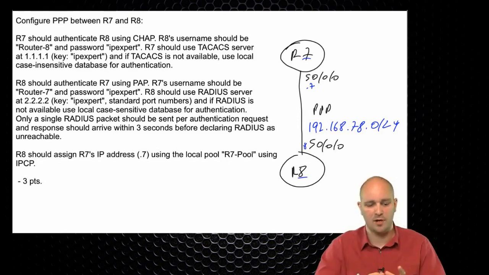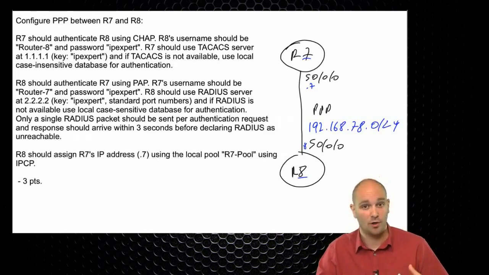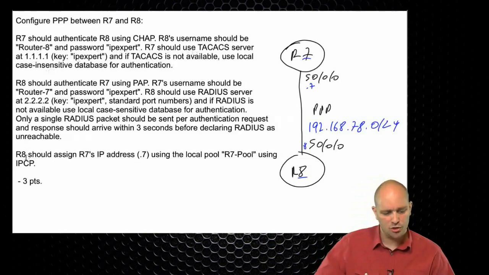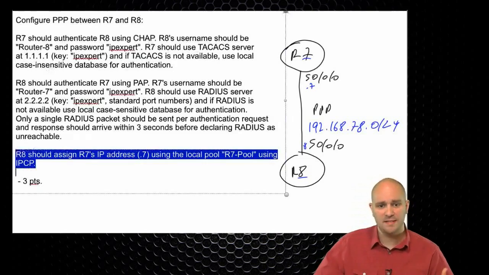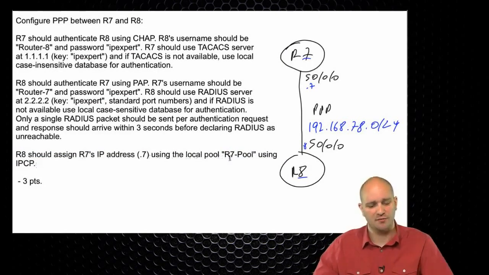So now I have an operational PPP link. Now I know that authentication is a relatively involved process, especially in this case where I need to enable AAA. So I'm just going to focus on solving the IPCP part. So here it says that R8 should assign R7's IP address .7 using the local pool R7-pool.